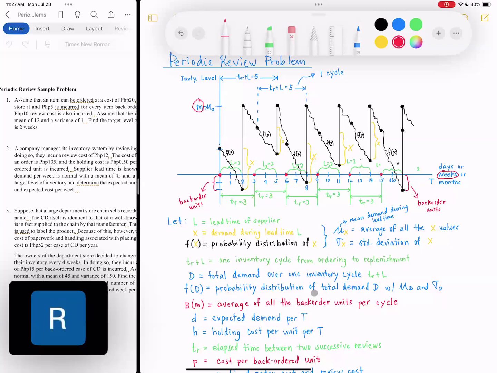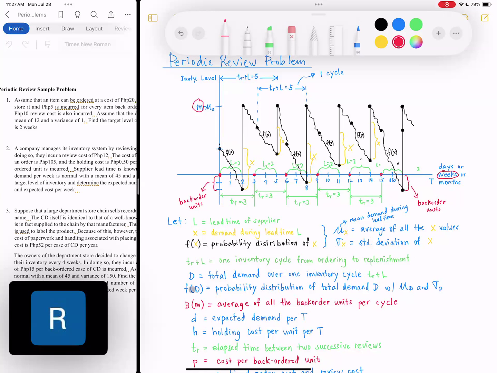And since it's a probability distribution, it also has its mean, mu D, just to differentiate it from mu X. This is the average demand during TR plus L, during the whole inventory cycle. Obviously, the average mu D is greater than mu X because mu X is just the average of demand during the lead time, whereas mu D is the average of the total demand during lead time plus the review period. So mu D will definitely be greater.